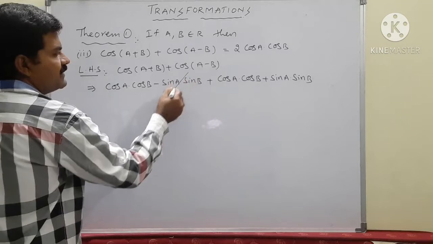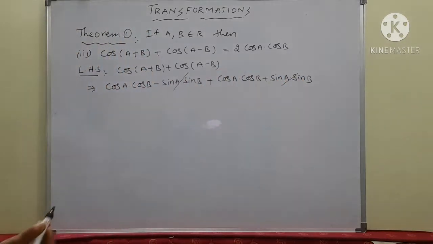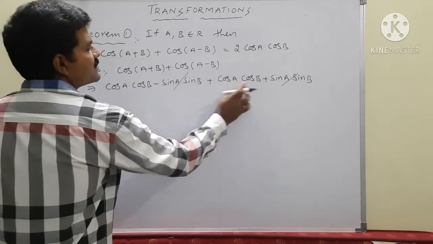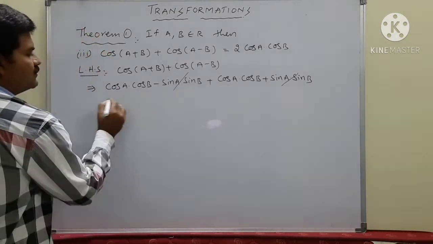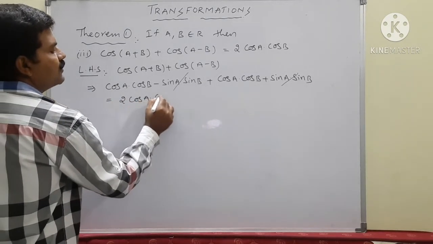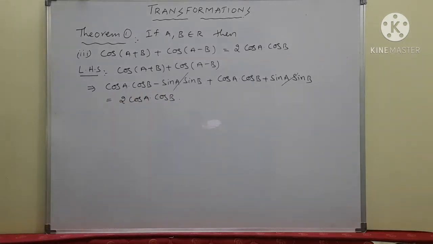See here, minus sin a sin b plus sin a sin b gets cancelled. So the first term cos a into cos b and the second term also cos a into cos b. If you add, we get 2 cos a into cos b.